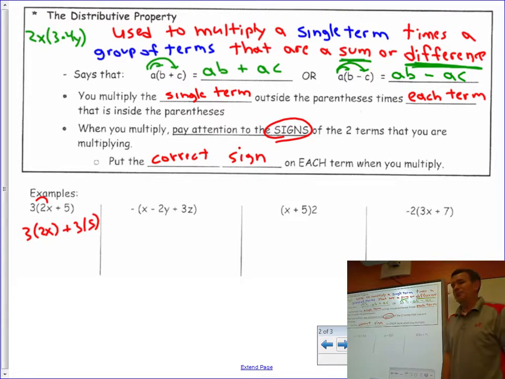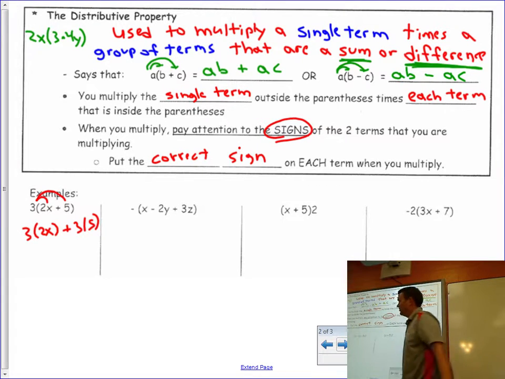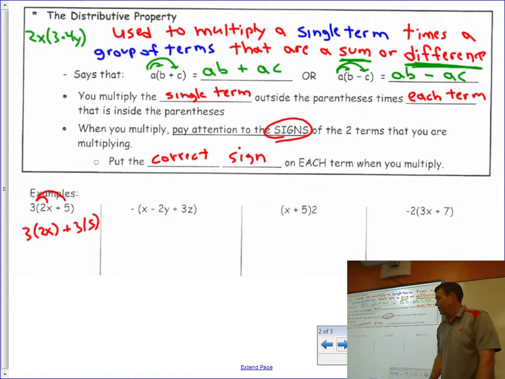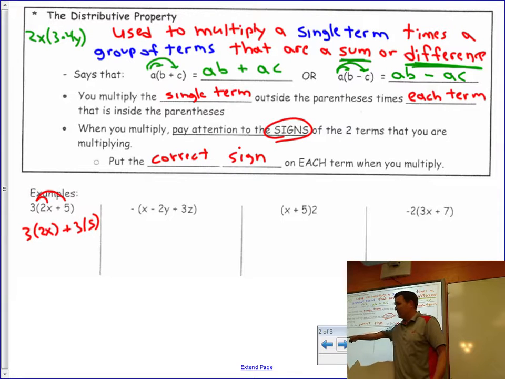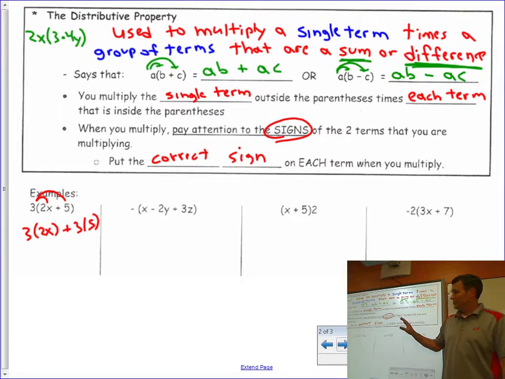That would tell me I multiply 3 times 2x, and I would go ahead and write the answer down instead of writing down 3 times 2x. And I would draw another arrow that I am multiplying 3 times 5, and instead of writing down 3 times 5, I would just write down the answer. Sometimes I think it's a little confusing to write it all out actually, but I'm going to do it on these 4 examples. I want to pay attention to some signs in a minute.